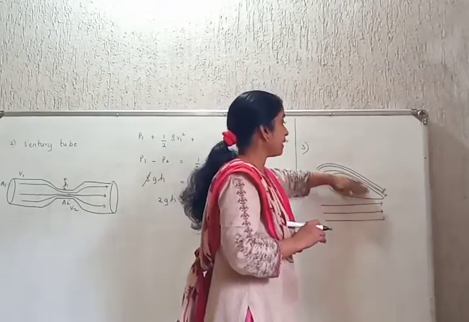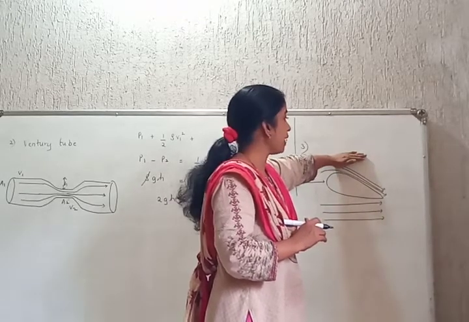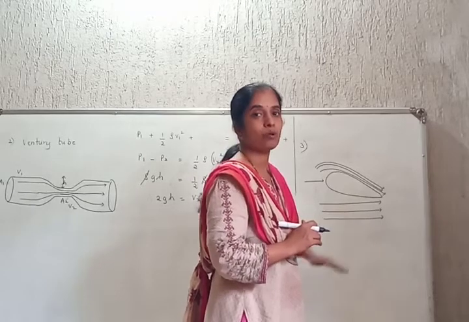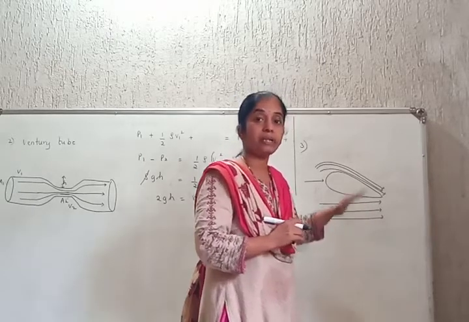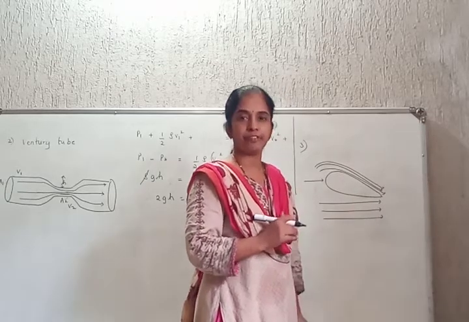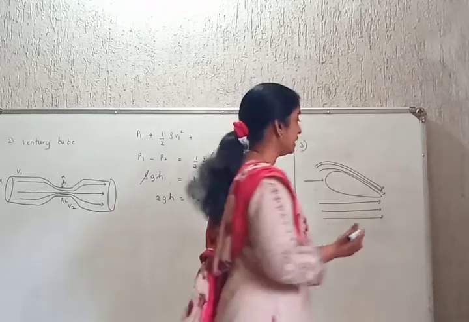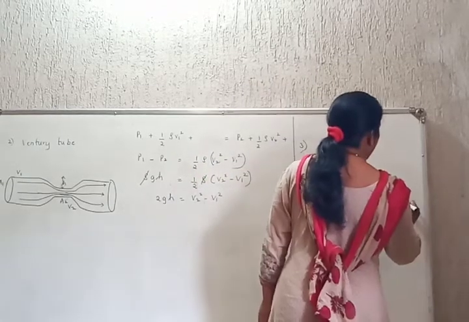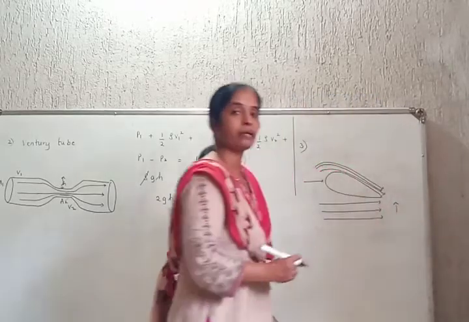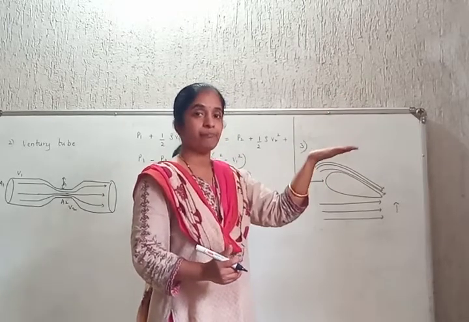So the pressure on this upper part of the wing is lesser, which means the pressure at the bottom part of the wing is more. This pressure becomes greater. It creates a lift on the wings, which is called aerodynamic lift, and the wings are lifted.